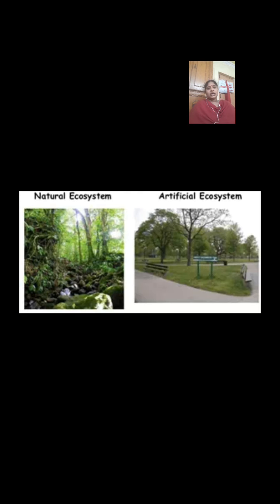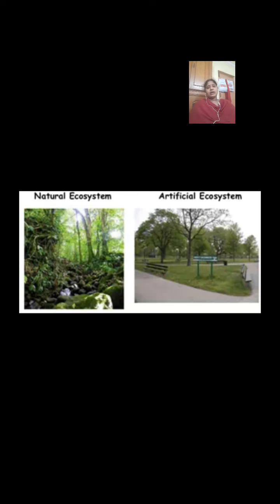So what are the two types of ecosystems? Natural ecosystem and artificial ecosystem. Natural ecosystems are also known as permanent ecosystems. Artificial ecosystems are also known as temporary ecosystems. Okay, examples of natural ecosystems: desert ecosystem, forest ecosystem, sea ecosystem, Koringa ecosystem.